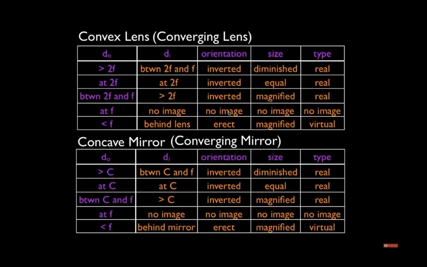Remember that 2F is basically the same thing as C. We just don't typically use the C for center of curvature when we're looking at lenses.